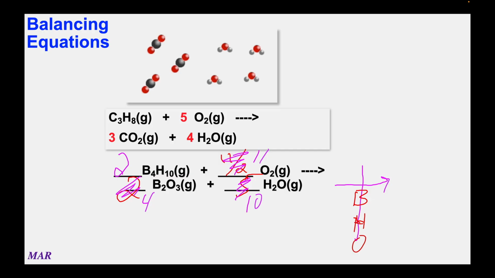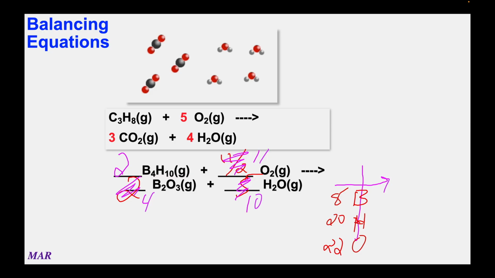And if the atoms on the left equal the atoms on the right, we'll be good to go. So using the purple numbers now, 2 times B4 would be 8 borons, and 2 times 10 hydrogens would be 20 hydrogens, and 11 O2 times 2 would be 22 oxygens.